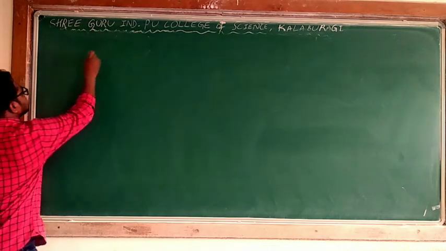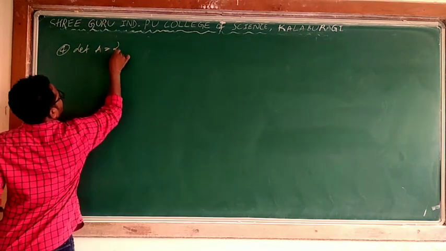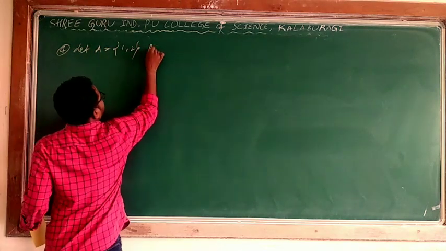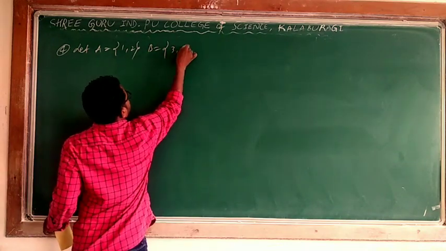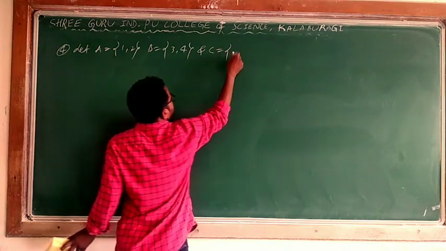Now I can take the fourth example. Let A is equal to {1, 2}, B is equal to {3, 4}, and C is equal to {5}.